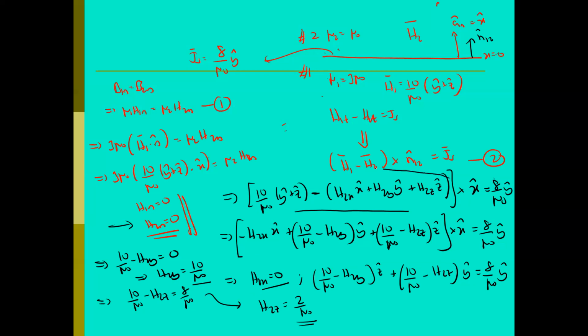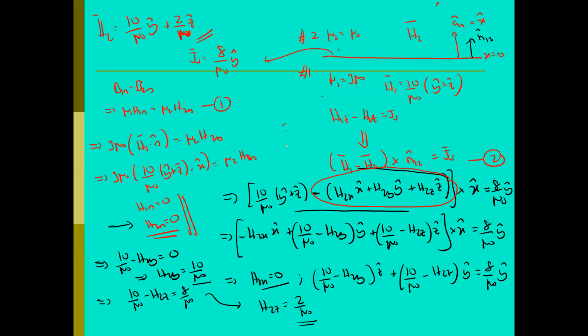So this will be the substitution for the H2 vectors that we have used earlier, in which we can write here that the H2 vector equals 0 for the X component, 10 over mu naught for the Y component, and 2 over mu naught for the Z component. Okay, so that should be our H2 that is obtained from the boundary conditions applications.